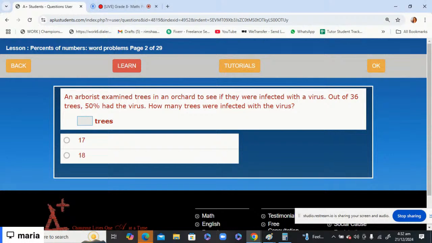An arborist examined the trees in an orchard to see if they were infected with a virus. Out of 36 trees, 50% had the virus. So, how many trees were infected with the virus?